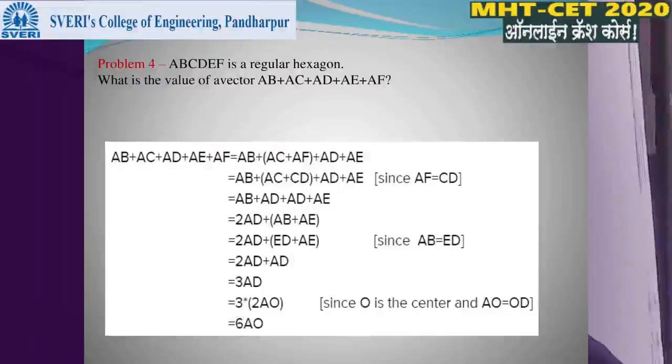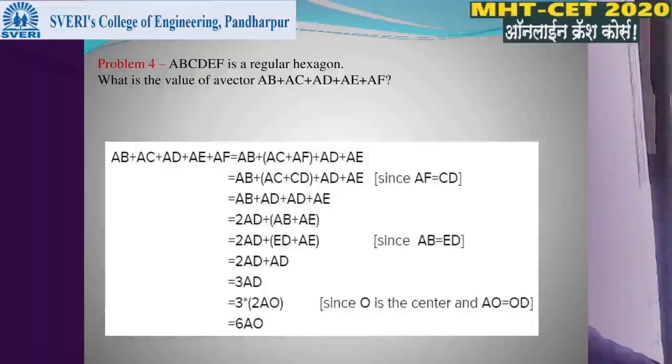If we go to the answer, AB plus AC plus AD plus AE plus AF is equal to AB plus AC plus AF plus AD plus AE, which is equal to AB plus AC plus CD plus AD plus AE, which is equal to AB plus AD plus AD plus 2AE.